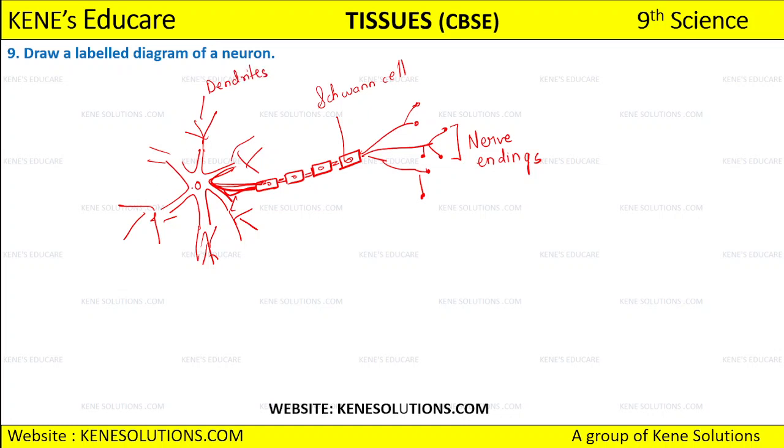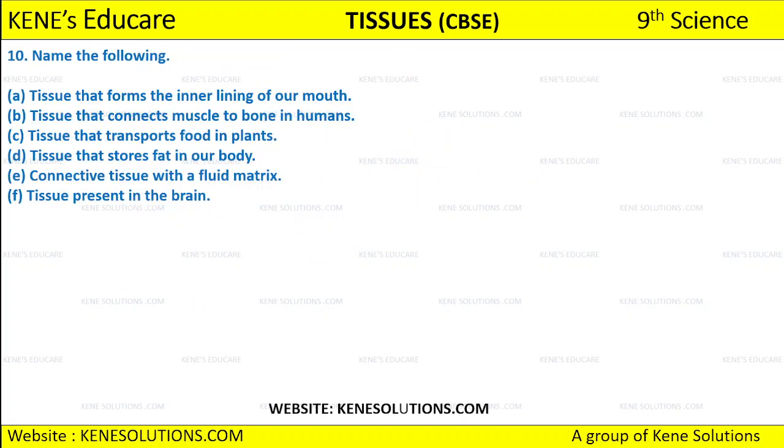Inside we have the nucleus. This is the myelin sheath. This is the axon. So this is how you have to know all the things. This is the structure of the neuron that we have.